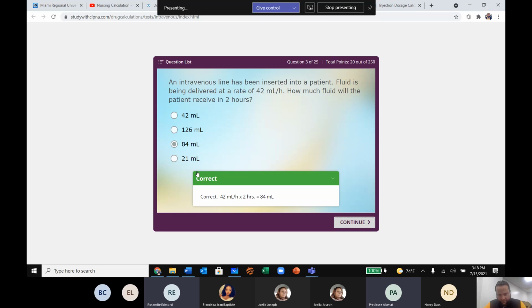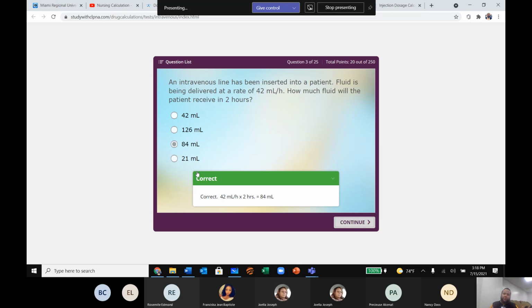I have a question. Why not divide? Why multiplication? Okay. The intravenous line has been inserted into a patient. The fluid is being delivered at a rate of 42 per hour. How much will the patient receive in 2 hours?